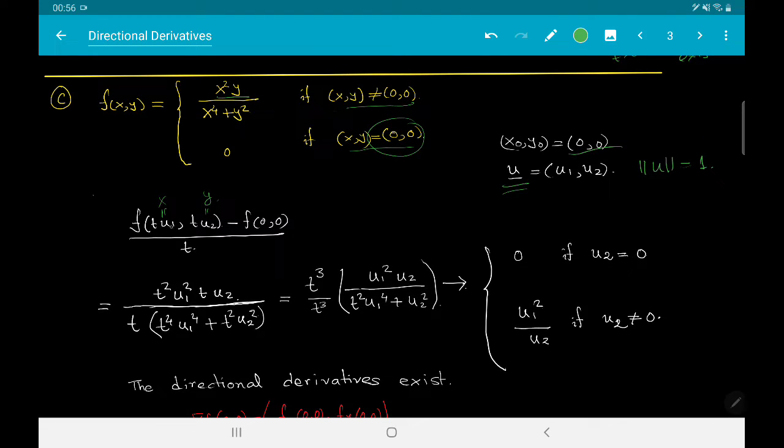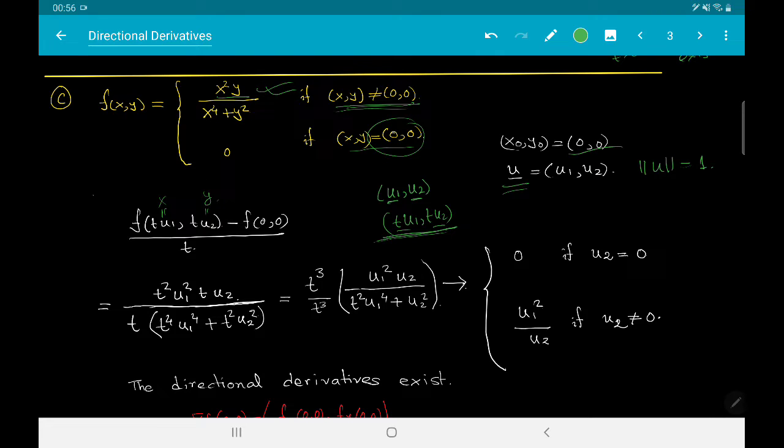Since (u1, u2) is a unit vector, one of u1 and u2 must be non-zero. So t times u1 and t times u2, one of them must be non-zero. So this vector is of this form, and consequently this formula applies here.